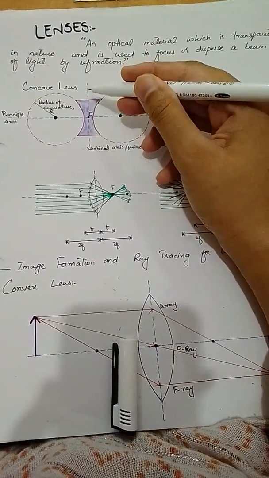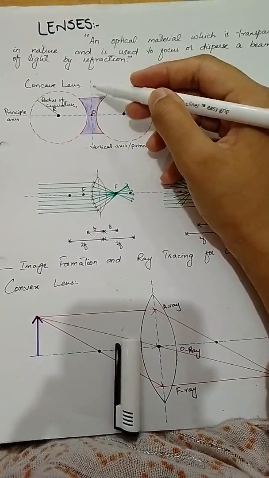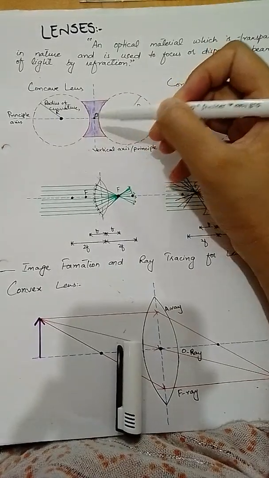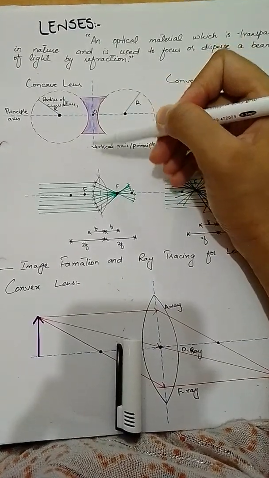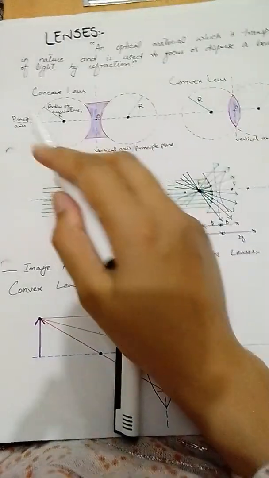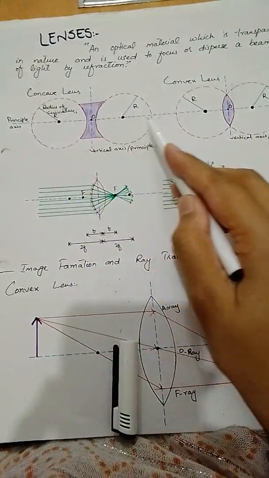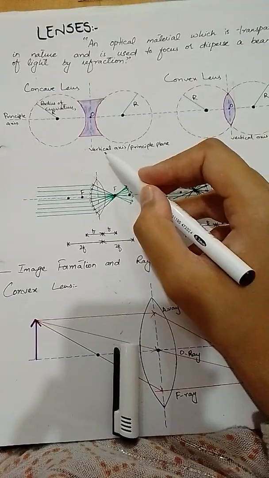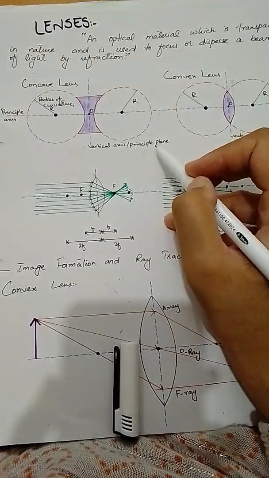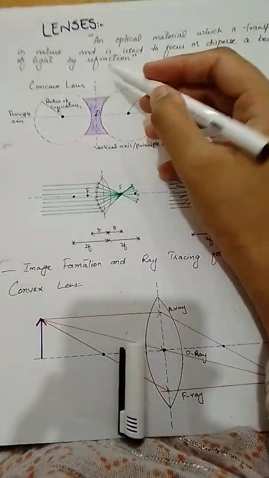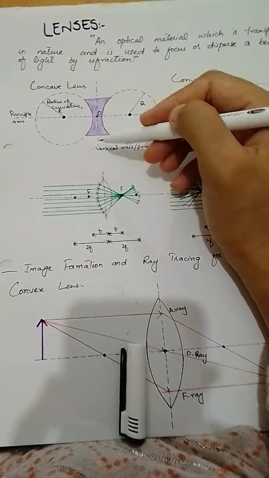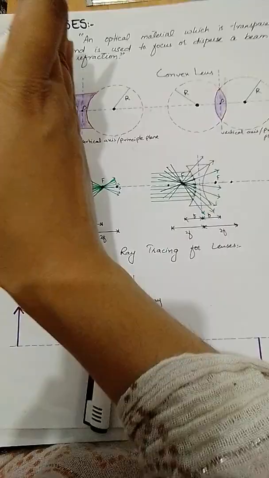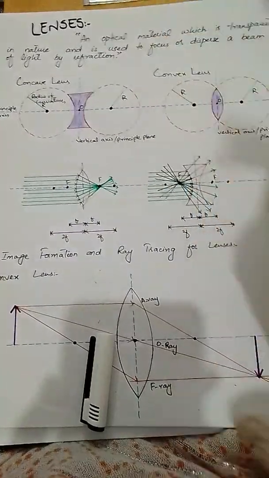This is not a line, this is a plane placed perpendicular to the principal axis and to the surface of these lenses. We call it the vertical axis or principal plane. It is like a paper stuck right in the center of this lens.